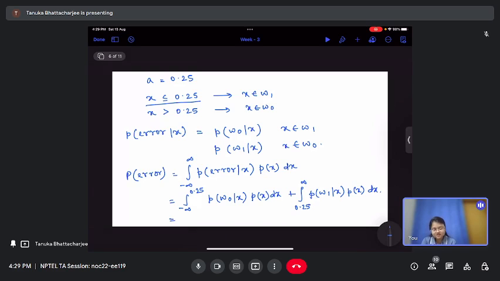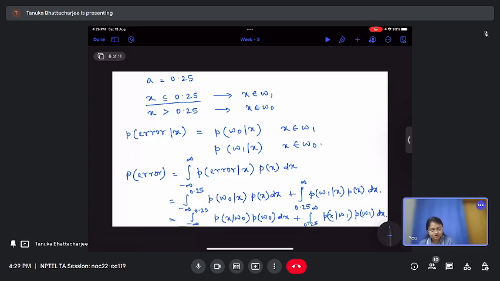Now, since we do not know the posterior probability, we again need to convert it to the class conditional. So this is equivalent to this, and this is equivalent to this, right.